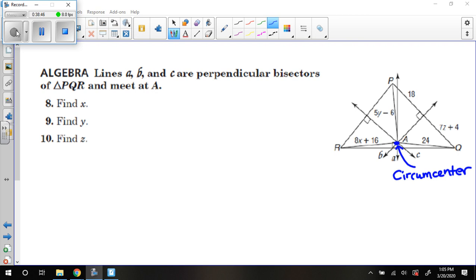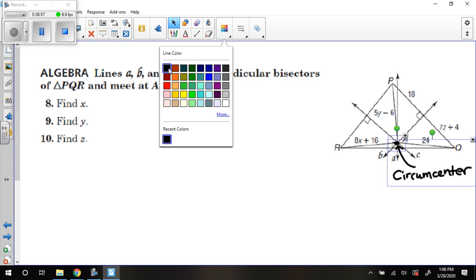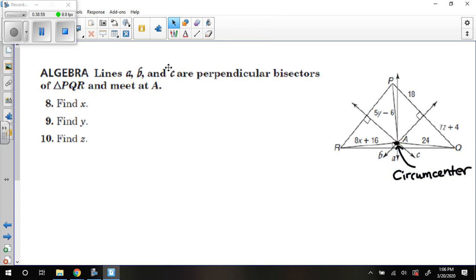Okay, I'm going to color coordinate everything here. Let's just turn this to black. So finding x, if I focus on where x is, it's on a segment that's going from an endpoint on a segment and then meeting up with my perpendicular bisector.